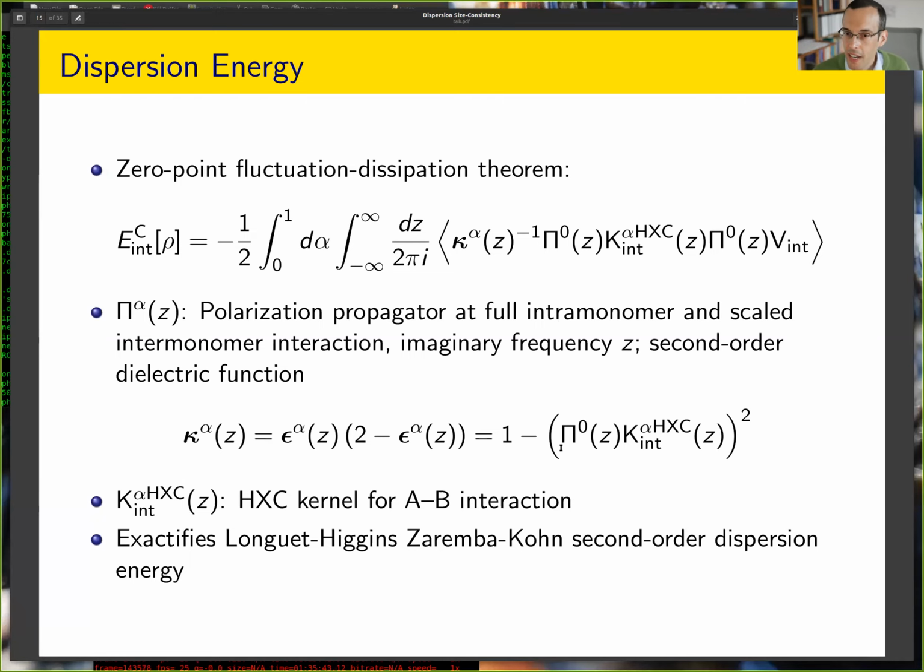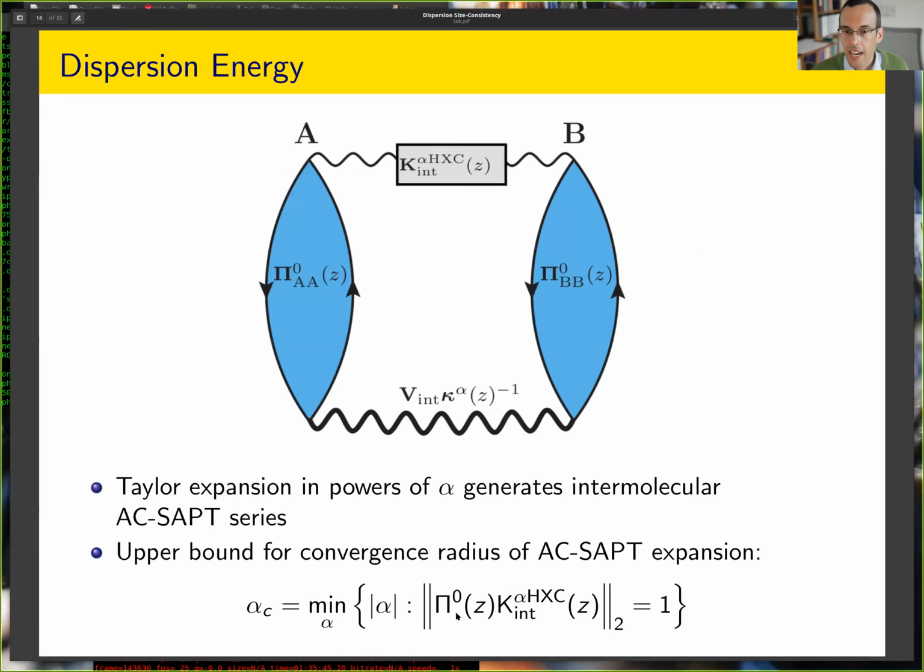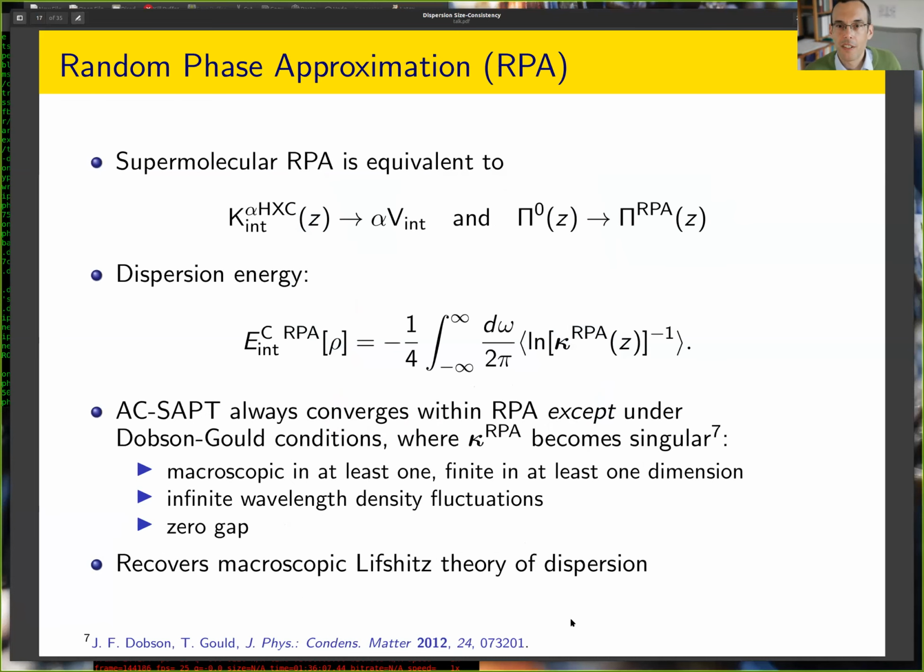And we can estimate the magnitude of this something and derive an upper bound for the convergence radius, where we basically just use the fact that the geometric series converges within a circle of radius 1, within the unit circle in the complex plane, okay? And so that's our convergence criterion, and that gives us a really nice way to analyze various methods now, right? And so in RPA, we just replace the kernel by the bare Coulomb interaction, and we use the RPA for the monomer polarization propagator.